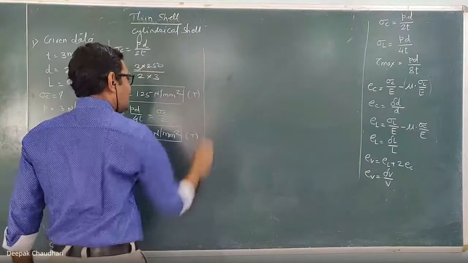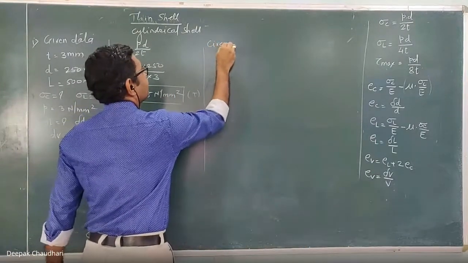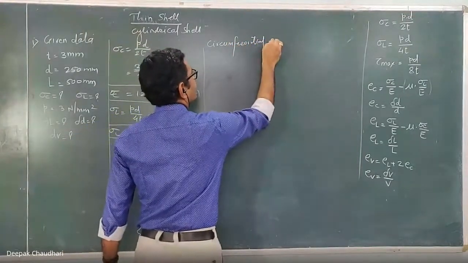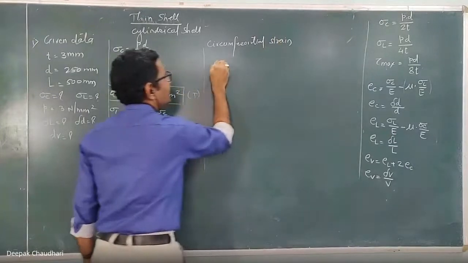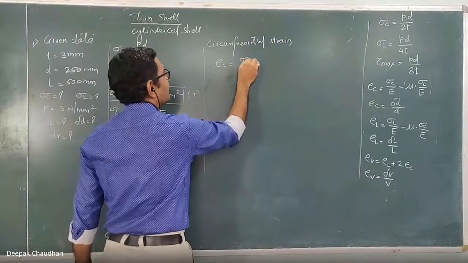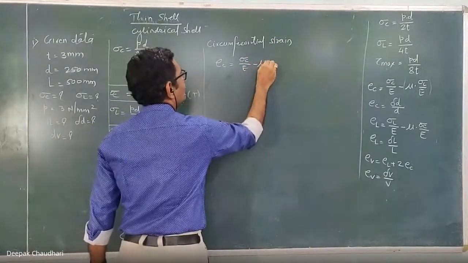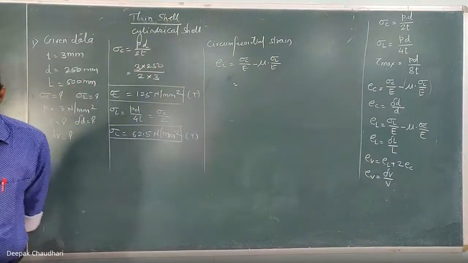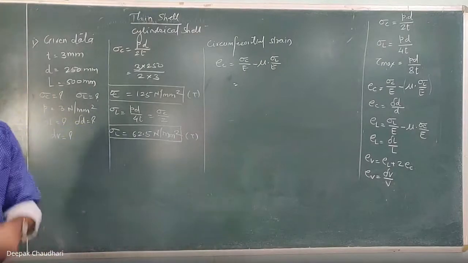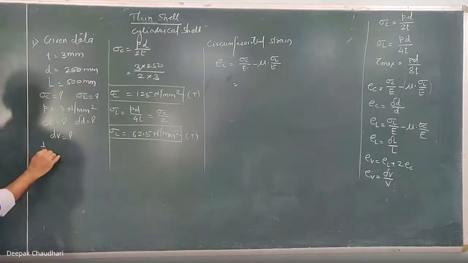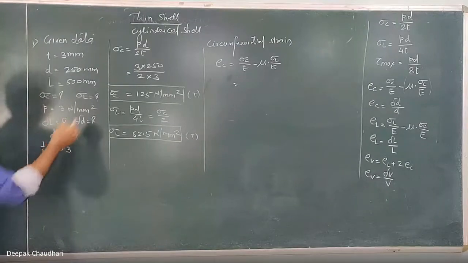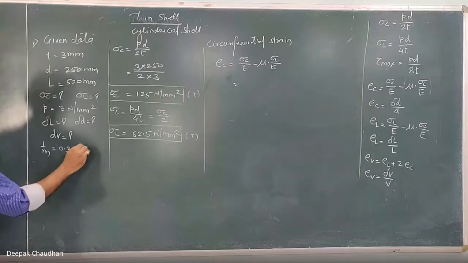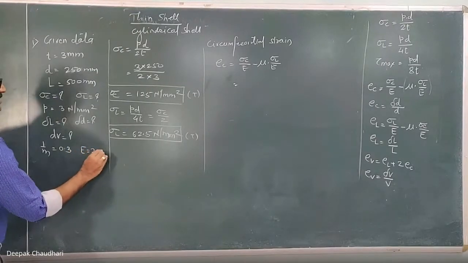The circumferential strain EC equals sigma C upon E minus mu into sigma L upon E. Take mu equal to 0.3, or 1 upon m equal to 0.3, is given. 1 upon m is nothing but mu here, and modulus of elasticity is given as E equal to 200 GPa.